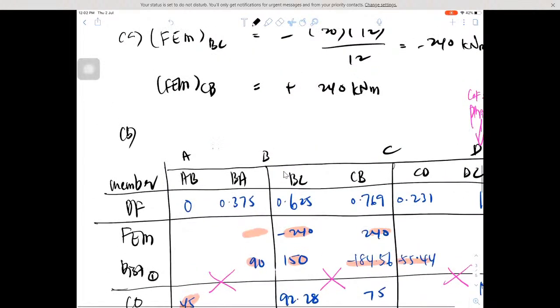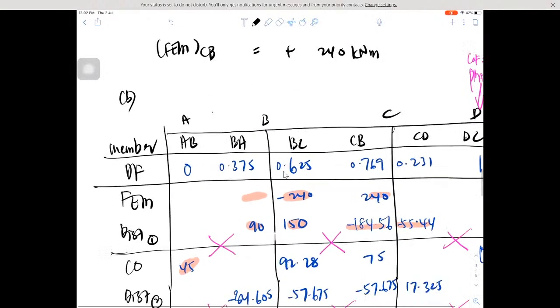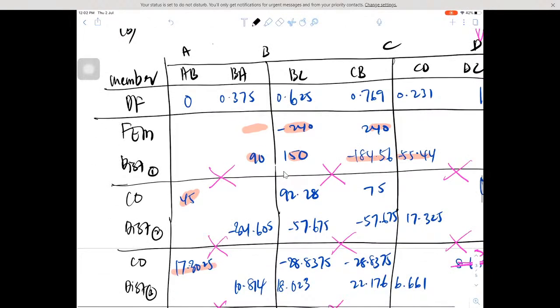So next we will calculate the end moment for BA. Okay, start with the first distribution.